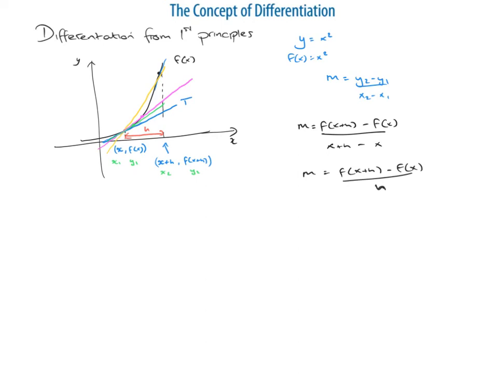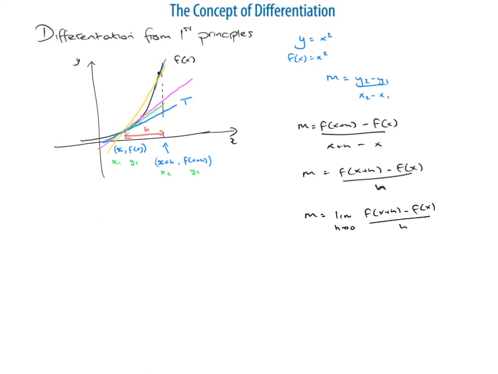So that's the last bit there: my m now becomes equal to the limit, as h tends towards 0, of f of x plus h minus f of x, all over h.